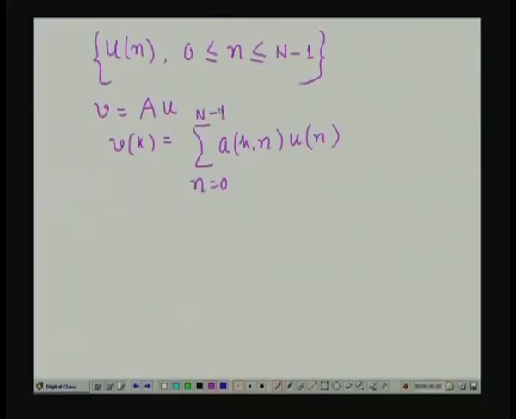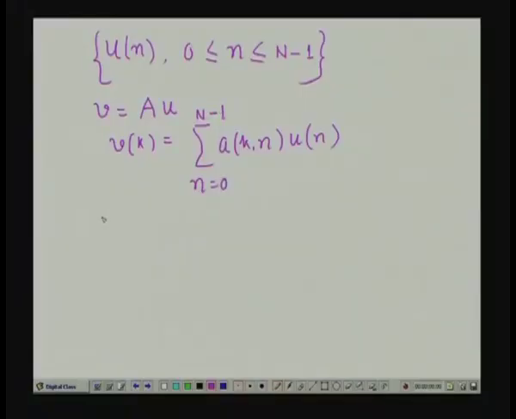Now, we say that this transformation is a unitary transformation if the matrix A is a unitary matrix. So, what is meant by a unitary matrix? The matrix A will be said to be a unitary matrix if it obeys the relation that A inverse will be given by A conjugate transpose.